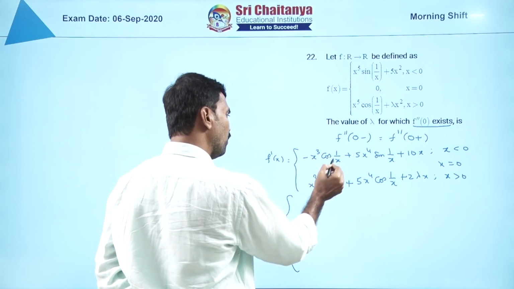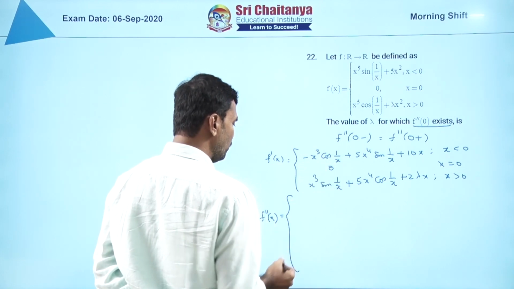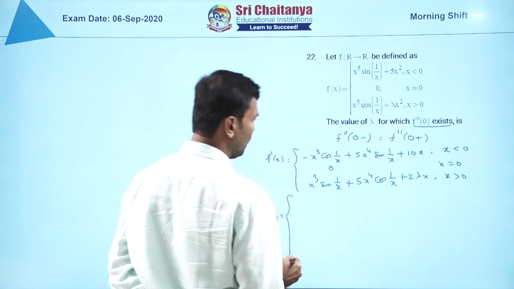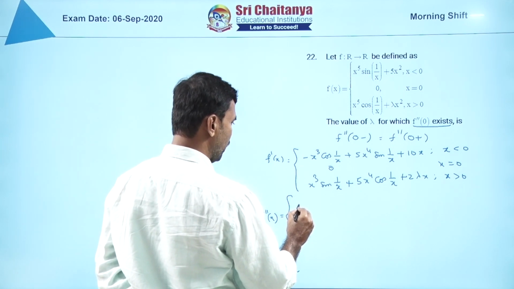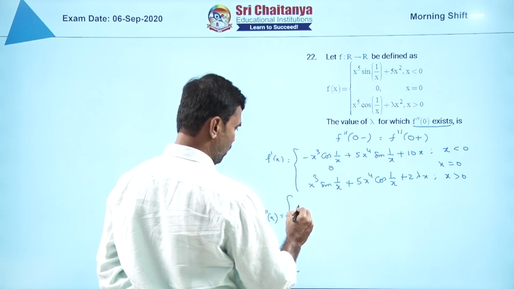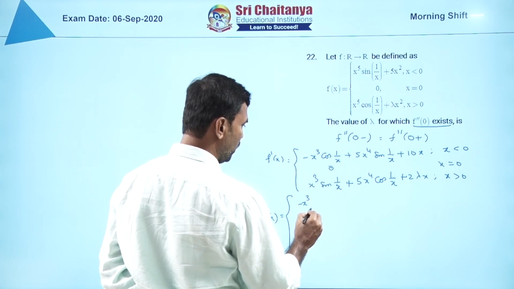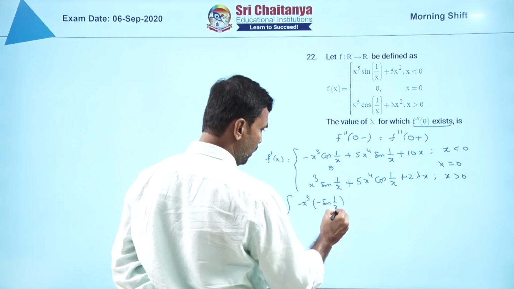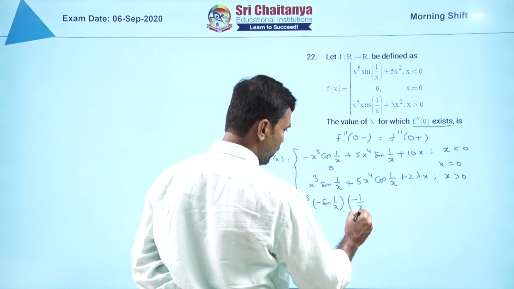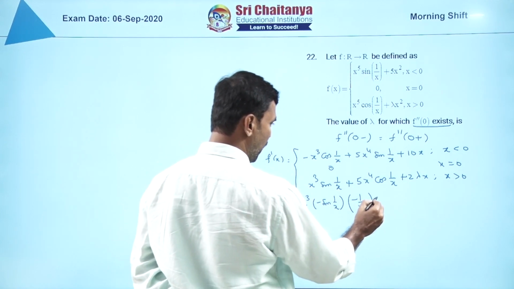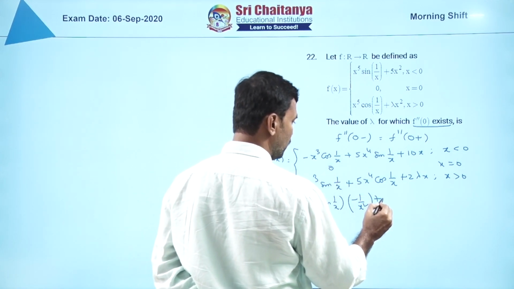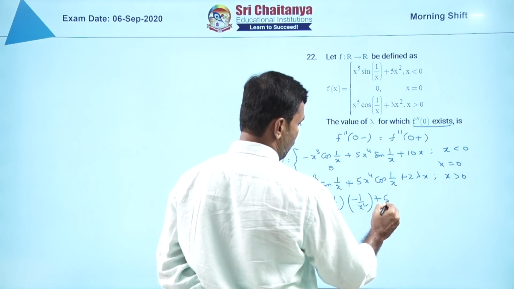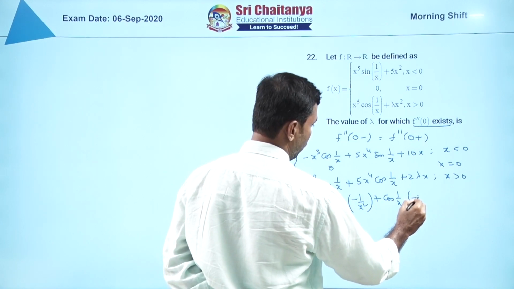Of course, the derivative of this I will get two terms, okay, I will calculate minus x cube into the derivative of cos of 1 by x, which is minus sin of 1 by x into the derivative of 1 by x, which is minus 1 by x square, plus cos of 1 by x into the derivative of minus x cube, which is minus 3x square.